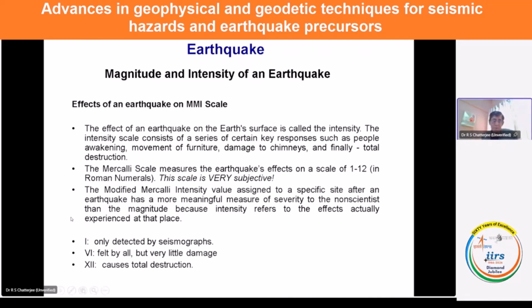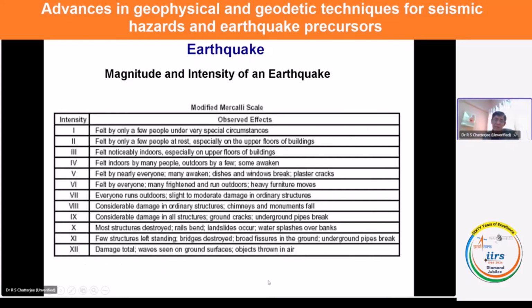So when it is 6, for example, then it is felt by all. But it does not cause much damage, though it can be felt. Up to 5, not everyone can detect it, and sometimes some animals can detect it even when it is much lower than that. And what I told you, when it is 12 it means total destruction.